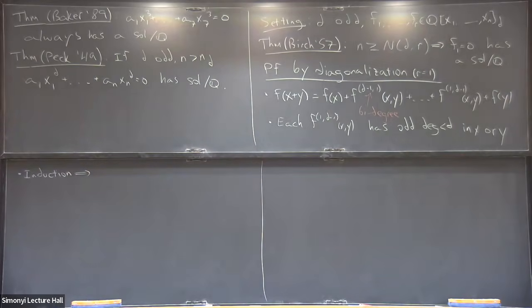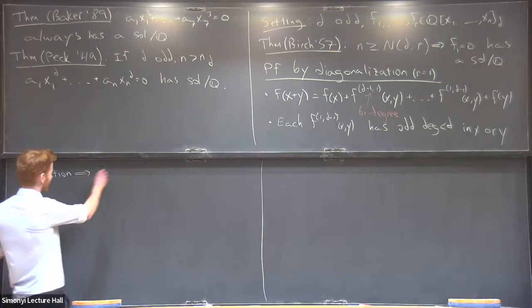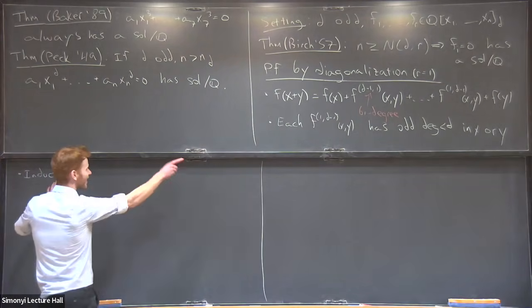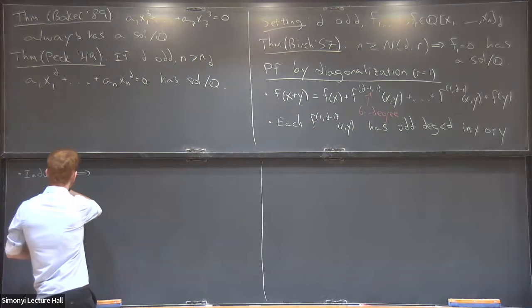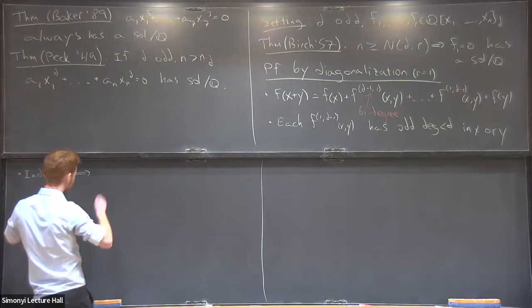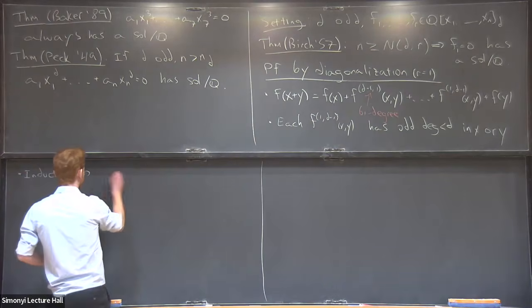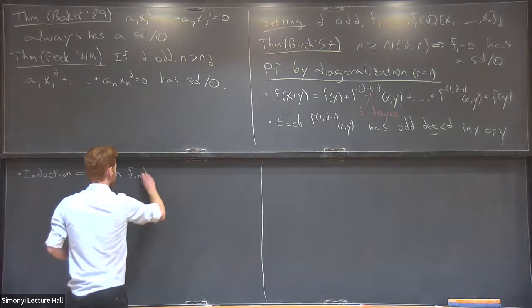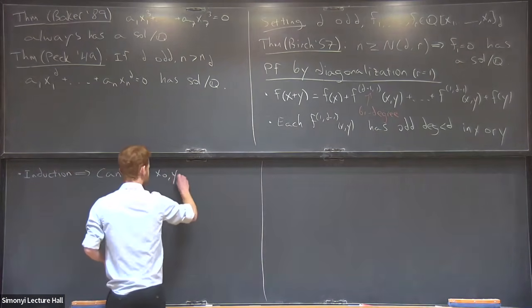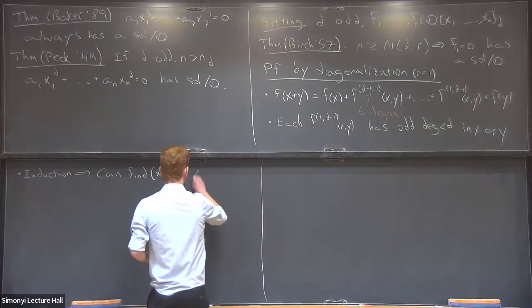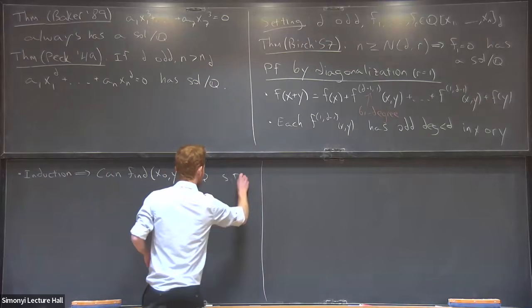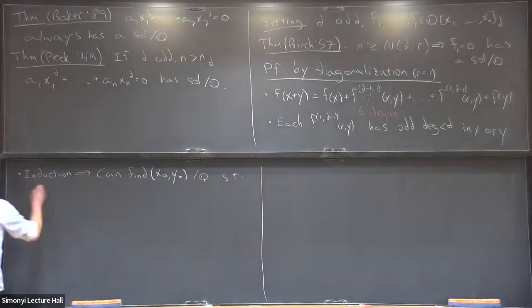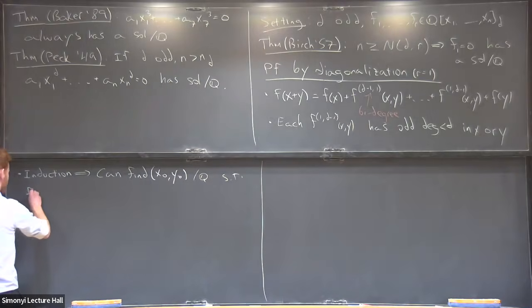You can try and think through where I'm cheating a little bit here. Either look at Birch's paper or figure out how to really make this true. But essentially, by the induction hypothesis, you can find x0, y0 over Q such that all of those mixed terms vanish.